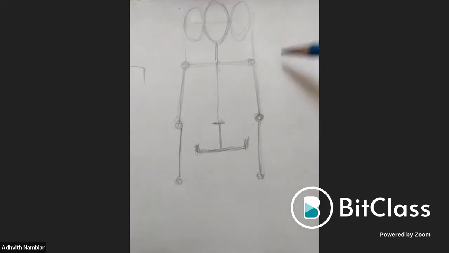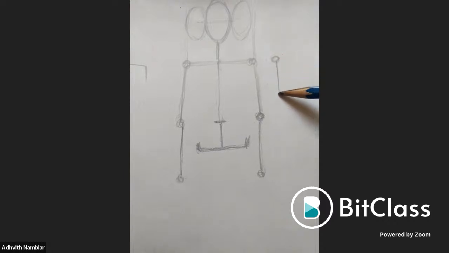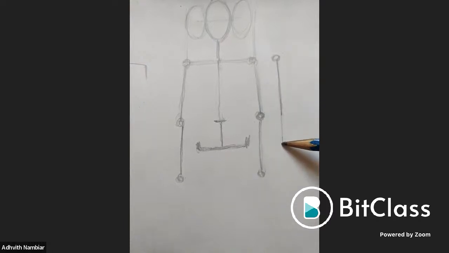So I'll do the thigh bone over here on the side, so that we can compare. If I start the thigh bone here at the shoulder level, it is equal to one full upper arm plus half of the forearm, so it's like 1.5.